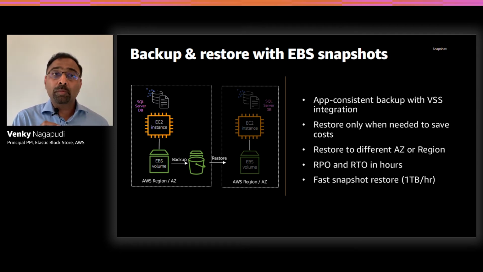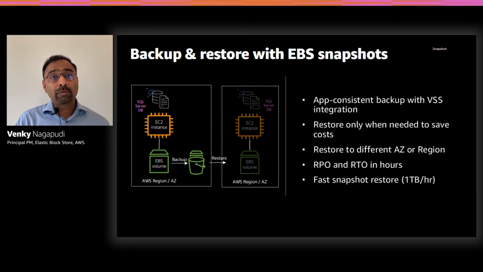EBS snapshots are point-in-time backups of your volumes. And the good part about them is they're incremental in nature, so they're very cost-effective as well. And with snapshots, you actually do get application consistency as well, because you are able to integrate EBS snapshots with Windows VSS, and you can get to application consistent SQL Server database snapshots.